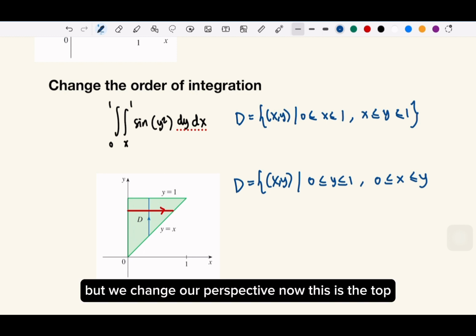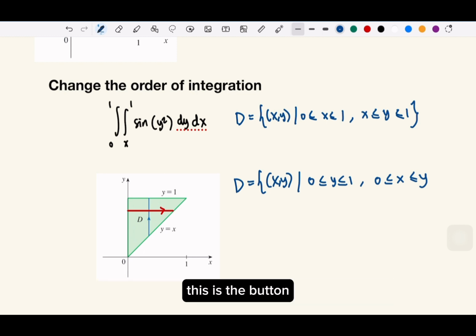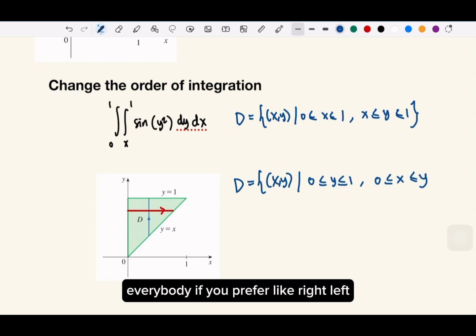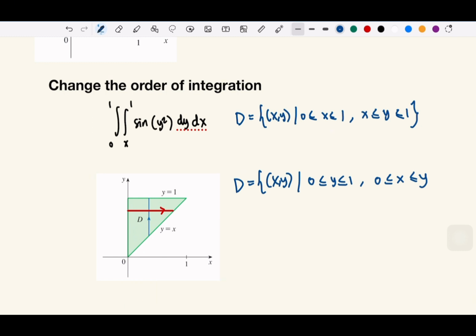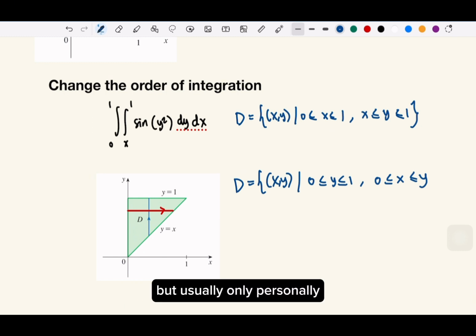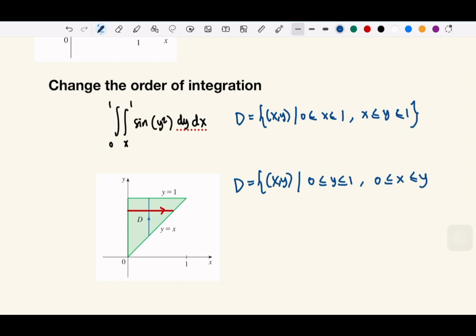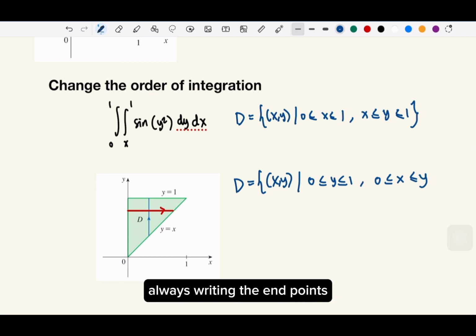But we change our perspective. Now this is the top, this is the bottom. Rotate your hand like this. Or if you prefer right and left, it's the same. But personally I prefer top and bottom. The idea is the top is always where we write one endpoint, and this is the other endpoint.